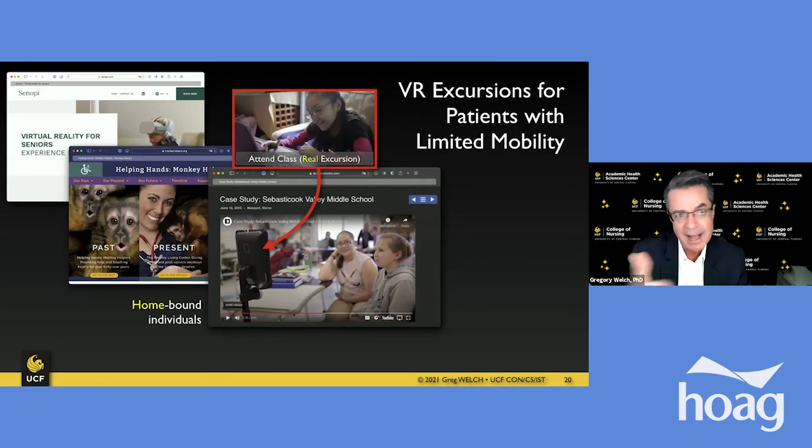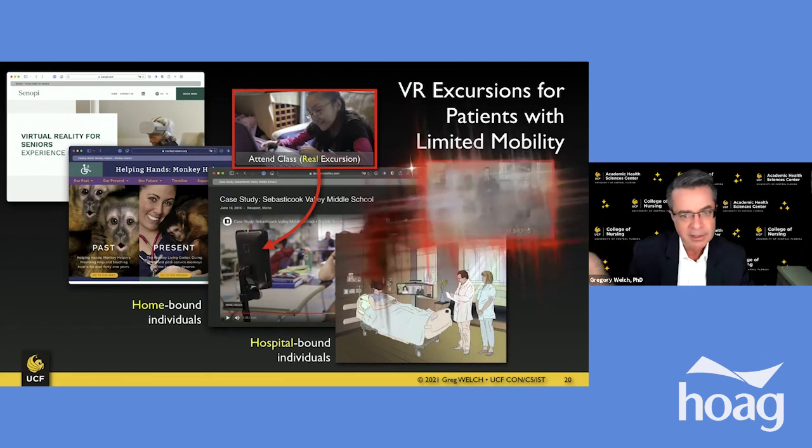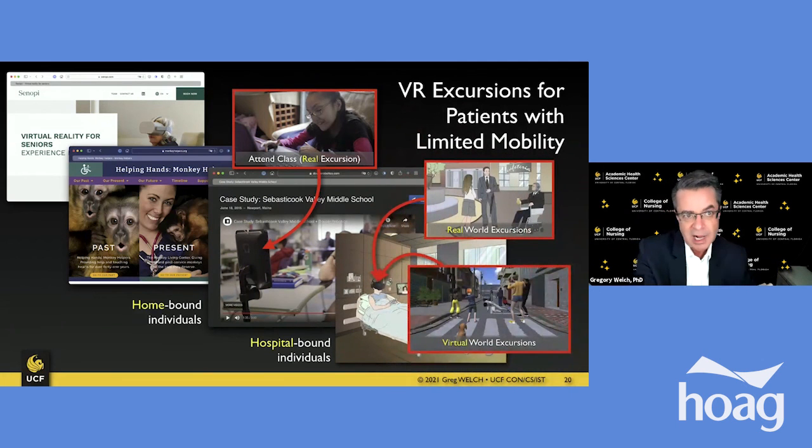Anybody who's homebound for whatever reason would love these excursions also. Or hospital bound, for example. I'm stuck in the hospital room. I'm not a child, but I'm an adult who's bored and stuck. Now I can have these virtual world excursions, and maybe I can even use my telepresence robot or some other mechanism to have these real world excursions. So I get out of the hospital room for a little while and go do these other things.